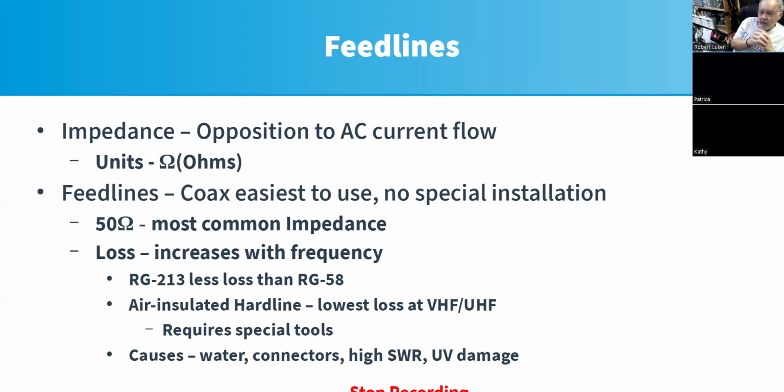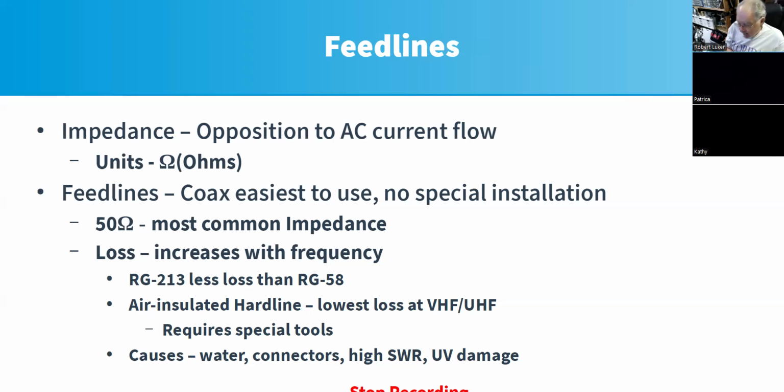Regardless of whether it's hardline or coax, you can have a problem with water intrusion where it can get into the braid and cause the braid to corrode and disintegrate, or actually get into the foam insulation. That can give you some very high SWR readings, and is normally caused by ultraviolet damage to the outer sheath on the coax.